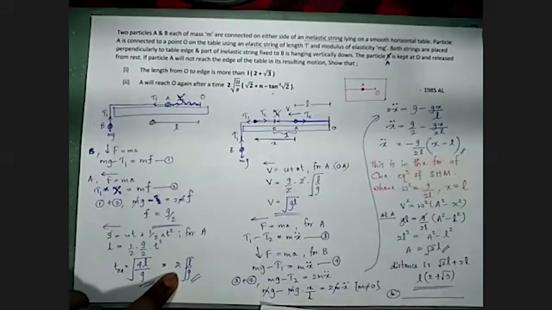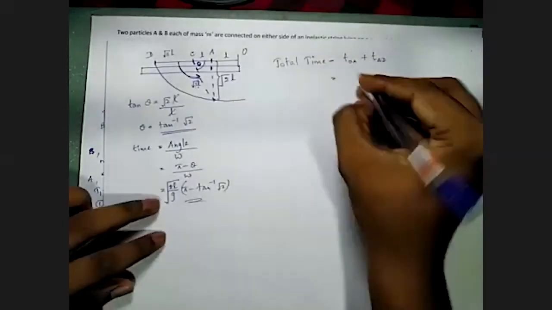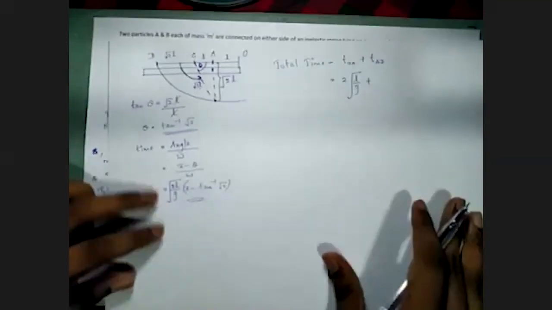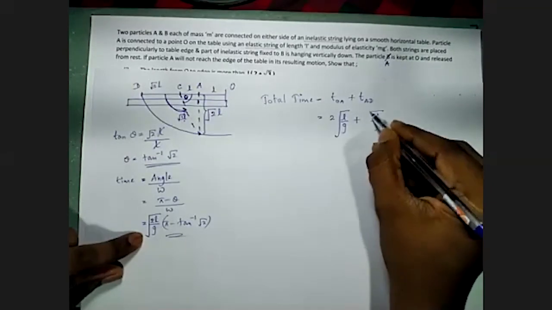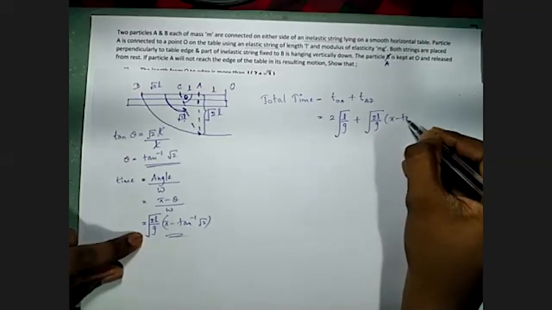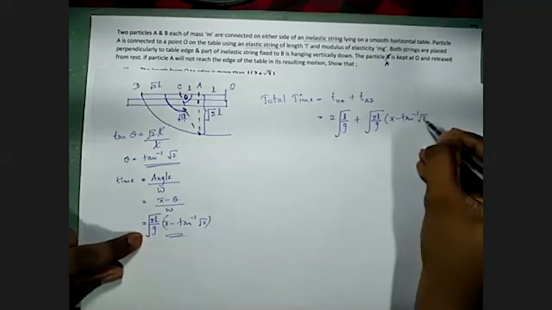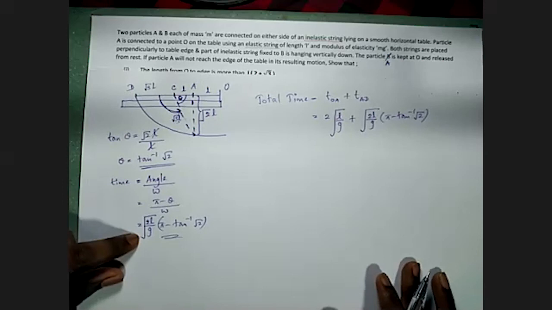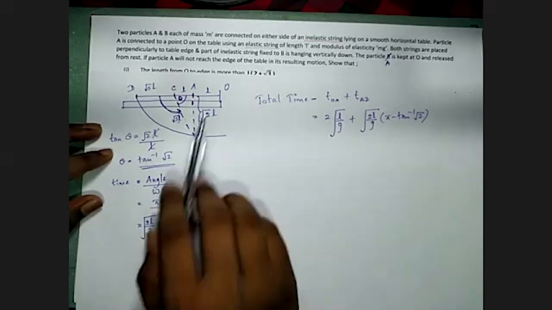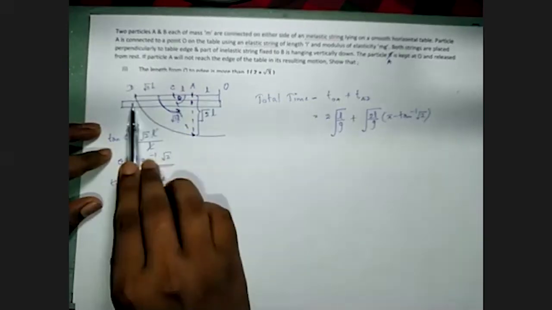O to A taken time is this, 2 square root L over G. 2 square root L over G plus, what is TAD? This is the time. 2L over G square root 5 minus tan inverse square root 2. This is from O to D.